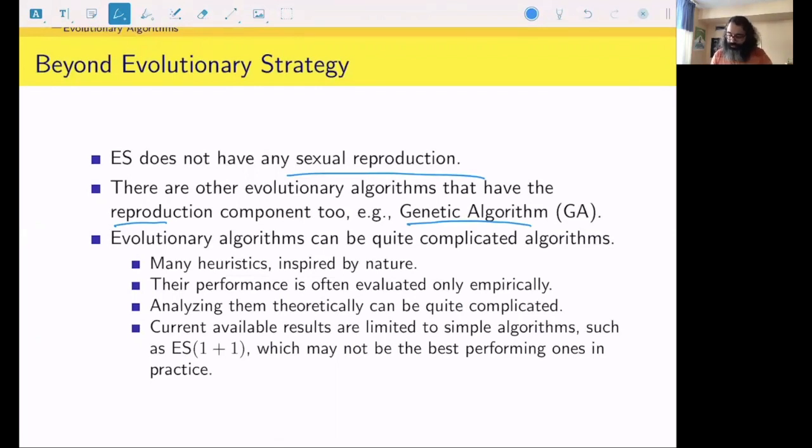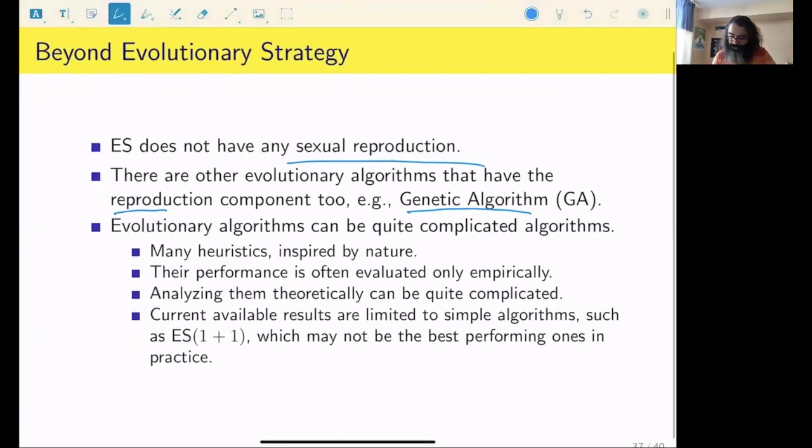Some comments: evolutionary algorithms can be quite complicated. There are a lot of things going on. There are mutations, different types of mutation. There is sexual reproduction, and how to do it is not obvious; there are probably thousands of different ways to do it.